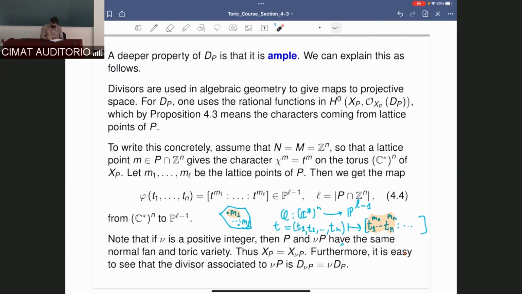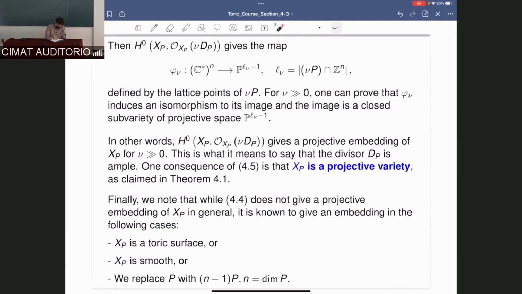So the divisor that simply has the a_F's as coefficients got scaled by the same number. Then this is what happens over here. Let the number in front of your divisor grow, because you have now more of these chi to the u's. So you have more hope of finding chi to the u's that are non-zero at points of your variety.